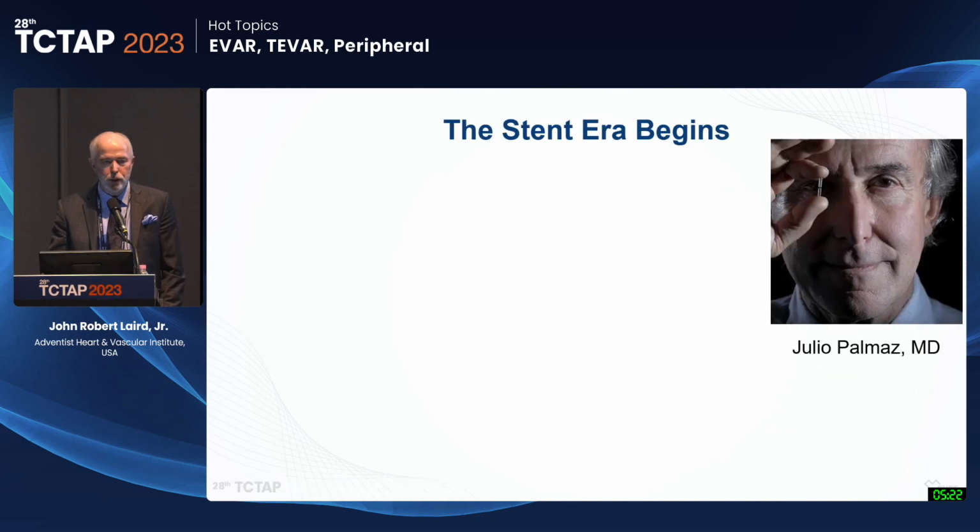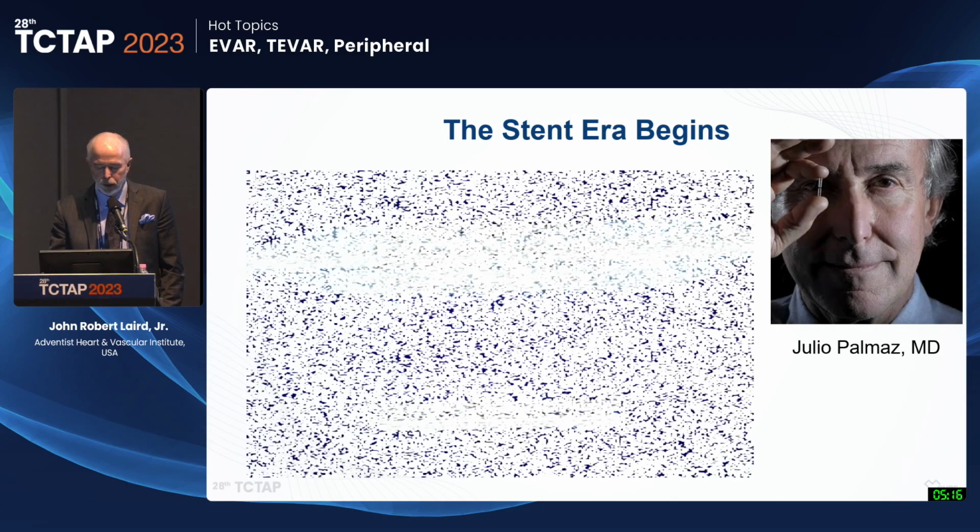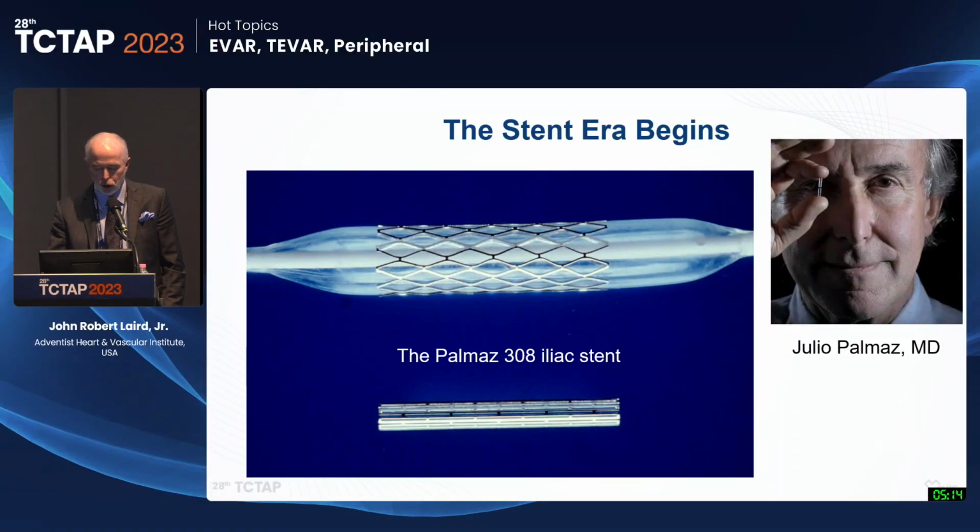So there was great enthusiasm when the stent era began in the 1990-1991 time frame. This was the original Palmaz 308 iliac stent, a balloon expandable tubular slotted stent that was 30 millimeters in length and could be expanded from 8 to 12 millimeters in diameter.